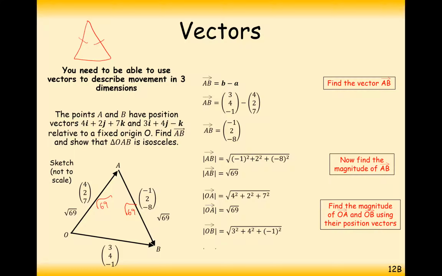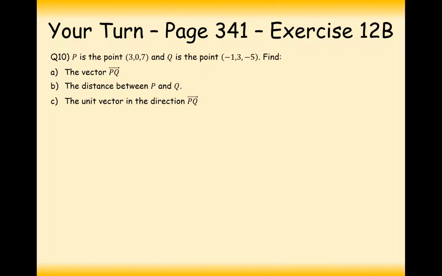And do we need to show any more? Yeah, we'll go and show that this is root 26. So it's not an equilateral triangle. If all three sides were equal, it would be an equilateral triangle. But in this case here, it's just an isosceles triangle with OA equaling the same length as A to B. Okay. So we have two vectors of equal magnitudes, therefore the lengths of those lines are equal.